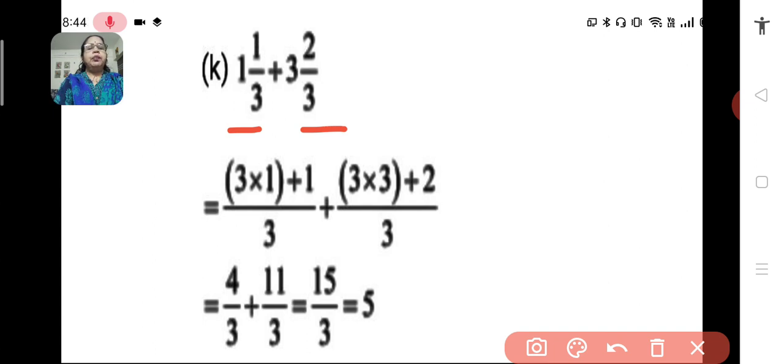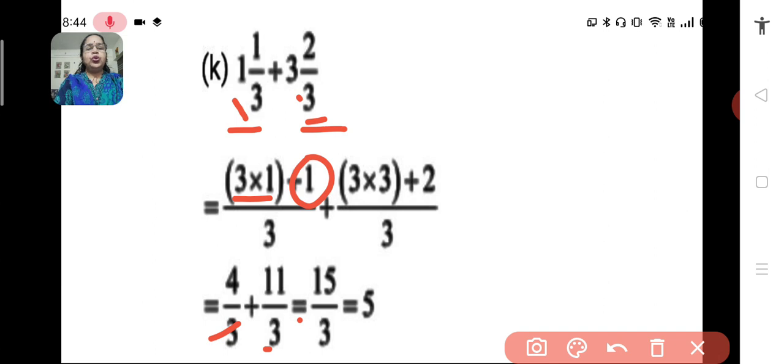We multiply the denominator and the whole number, 3 and 1, and add the numerator 1 to it. So, what do we get? We get 4 upon 3, and the other fraction also, 3 and 3 multiplied we get 9, 9 plus 2 we get 11. So, we get 11 upon 3.